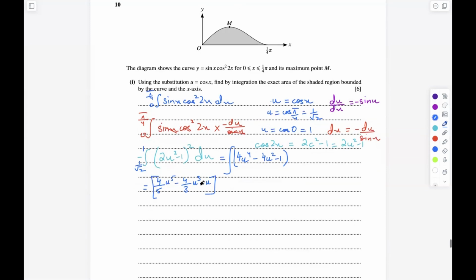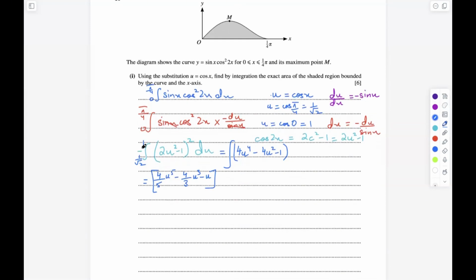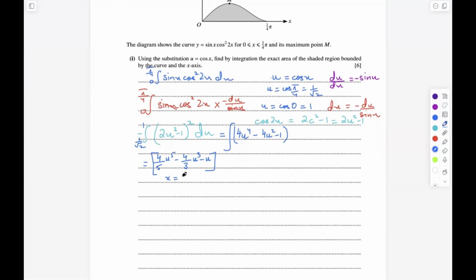Now substituting the limits 1 and 1 upon root 2, we leave the negative sign outside. Substituting u equals 1, we get 4 upon 5 minus 4 upon 3 plus 1.